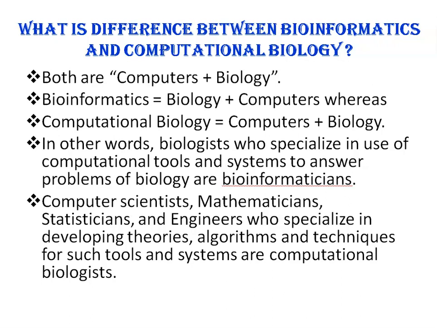In other words, biologists who specialize in use of computational tools and systems to answer problems of biology are bioinformaticians. On the other hand, computer scientists, mathematicians, statisticians, and engineers who specialize in developing theories, algorithms, and techniques for such tools and systems are computational biologists.